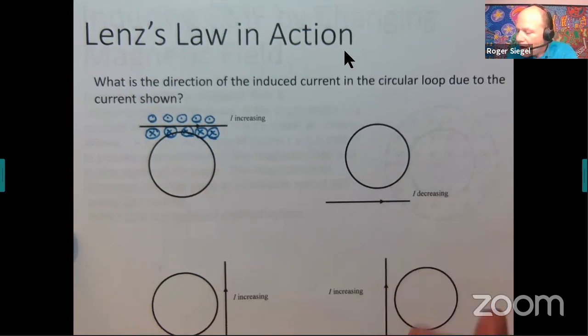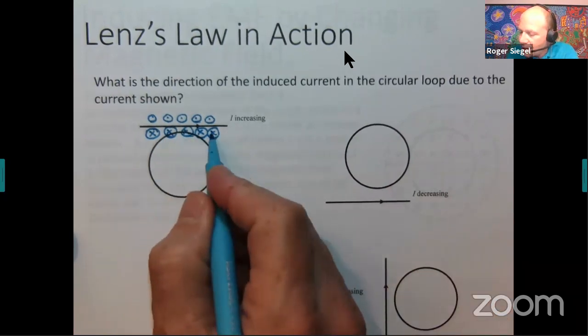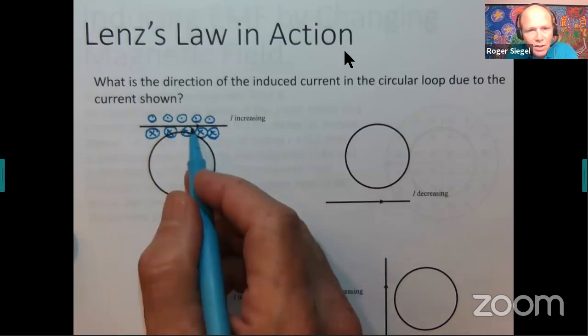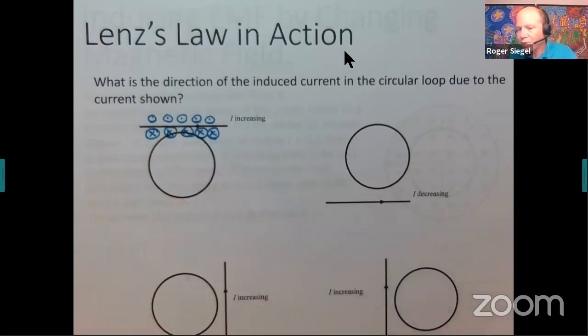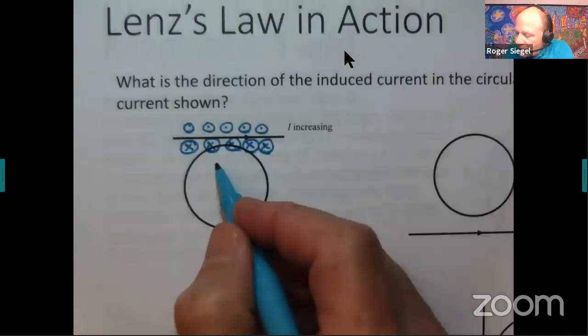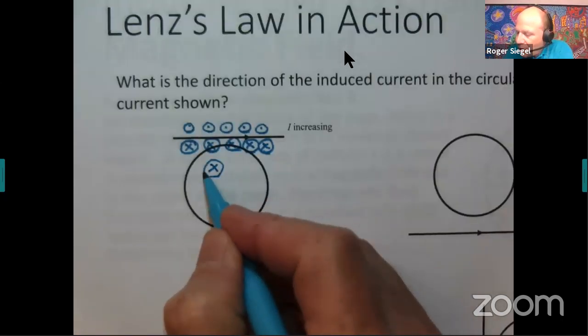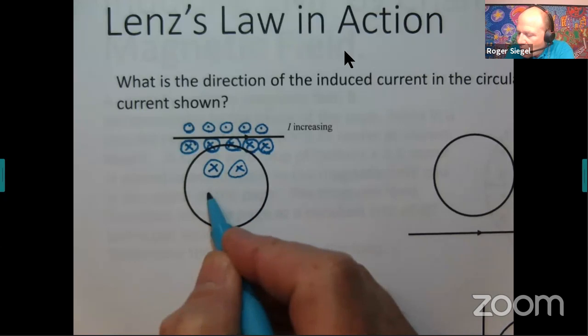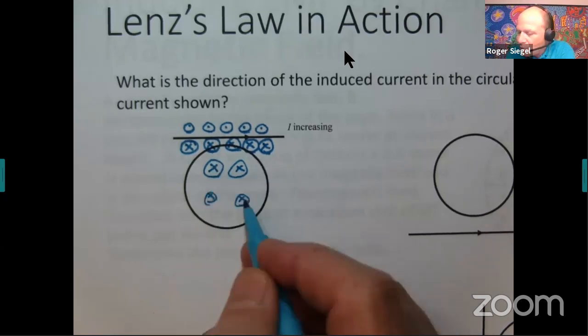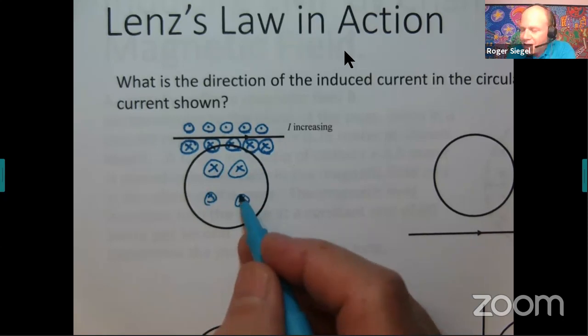Okay, so now we've got a magnetic field going into the page, because of the direction here. What does that mean? Well, that means that there's a B field coming through this loop. Of course, it gets smaller as you go further away, but it's going through this loop and it's increasing.